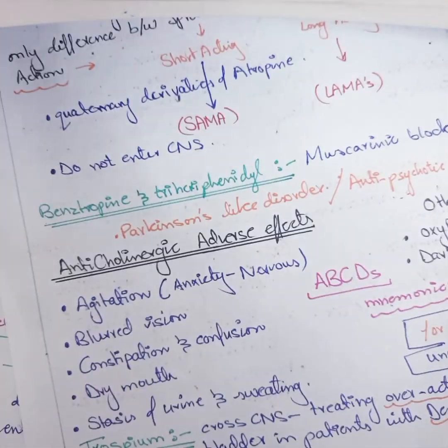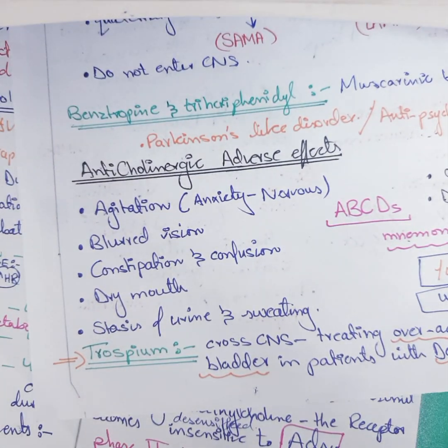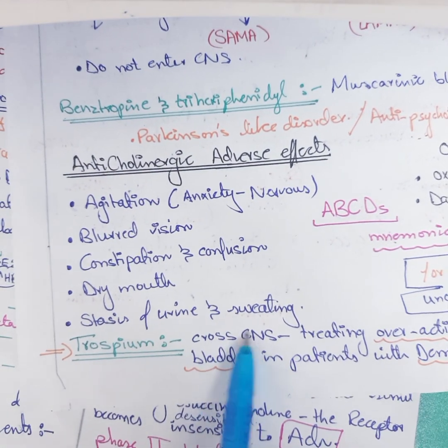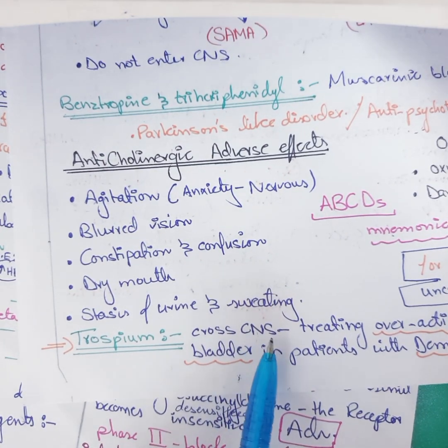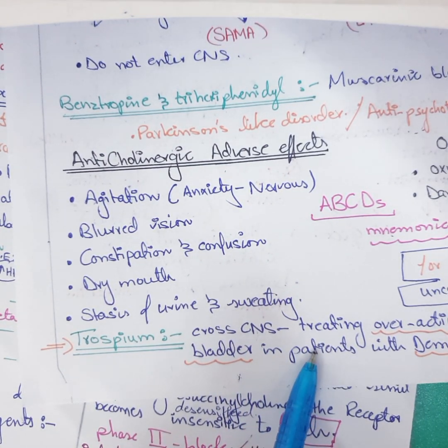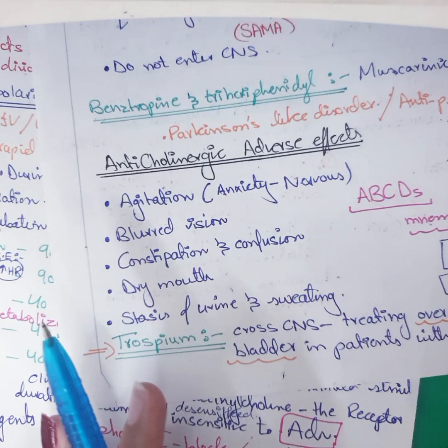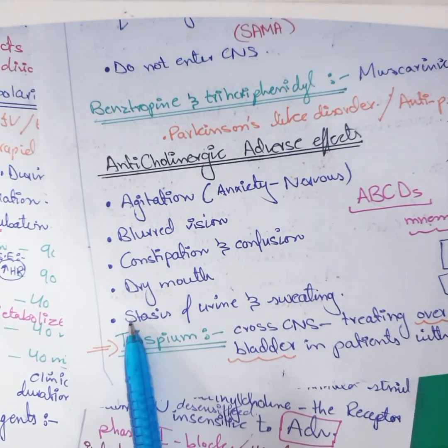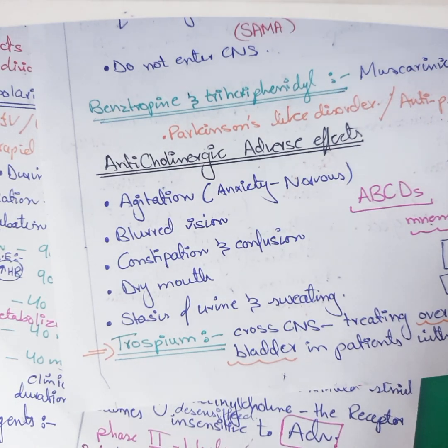And so for trospium, the very basic is it does not cross into the central nervous system. I'm discussing the trospium because it is still used. This treats the overactive bladder in patients with dementia. We can give trospium to the patients who are suffering from Alzheimer's disease for the treatment of their overactive bladder.